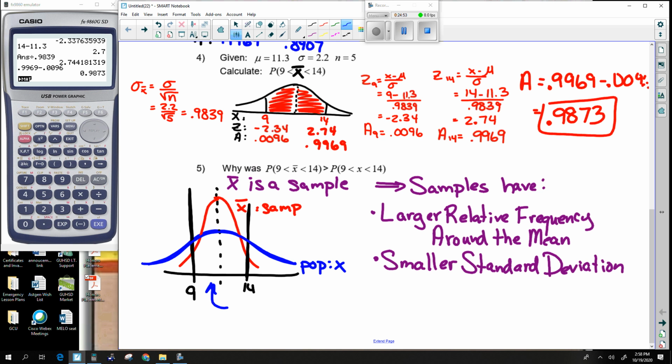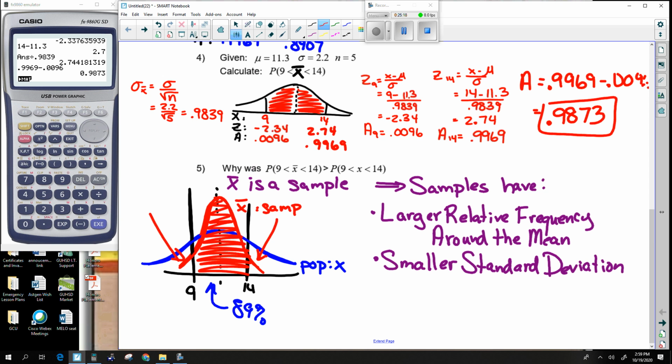And so what we found was 89% of the curve is between there. But I asked the same question of the red curve. How much of the red curve is between 9 and 14? And it's almost all of it. Almost all of that red curve is between 9 and 14. There's just little slivers that are not.